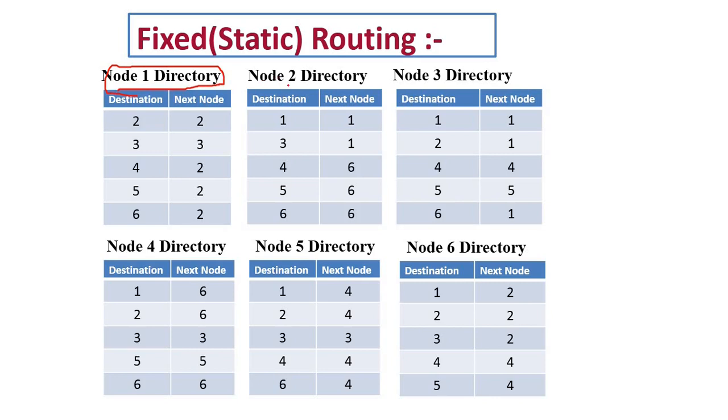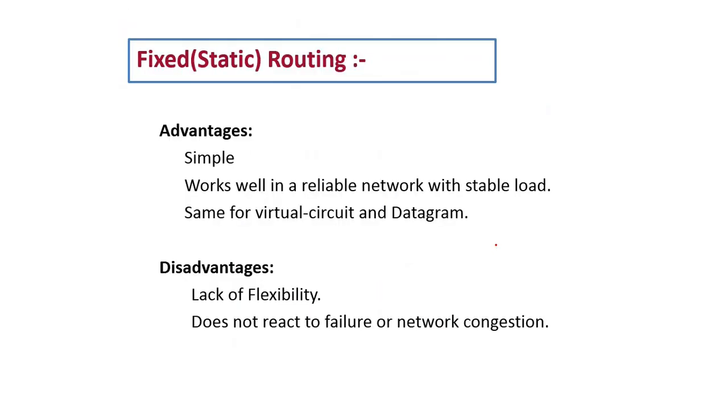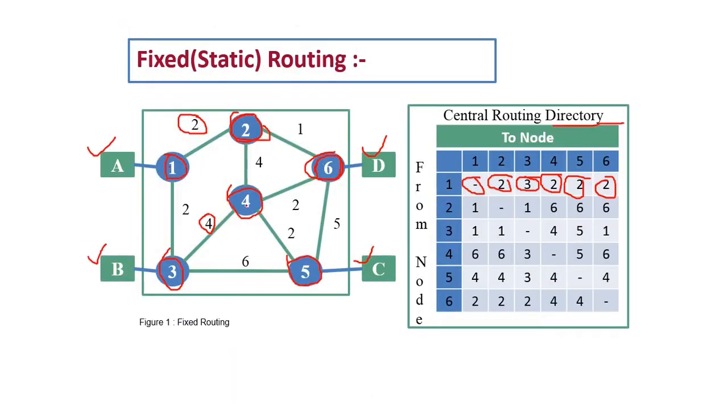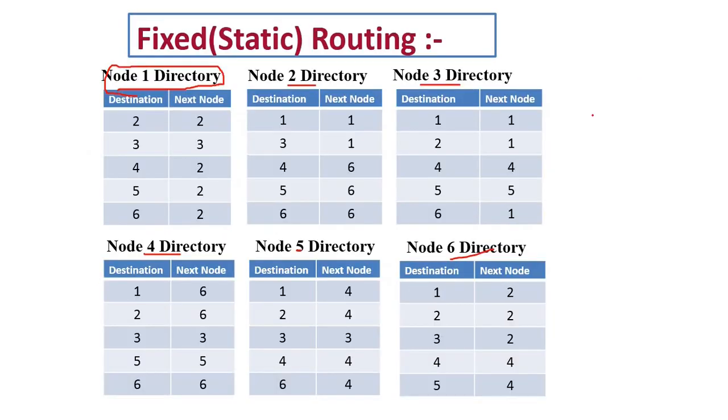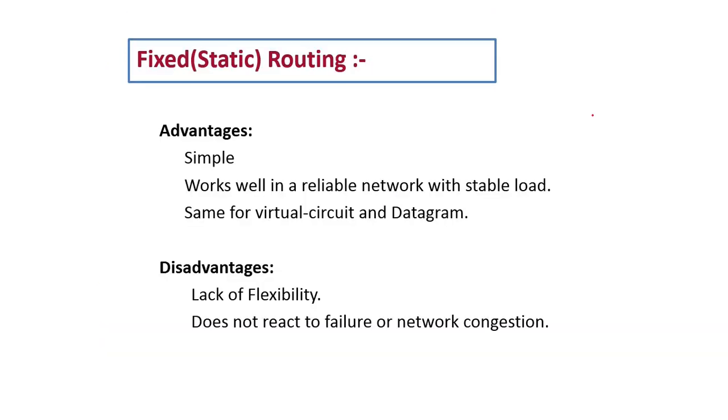The same type of node directory is possible for nodes 2, 3, 4, 5, and 6. According to the distance and data, you can create a node directory like this, or you can say a routing table. So that is all about fixed routing.